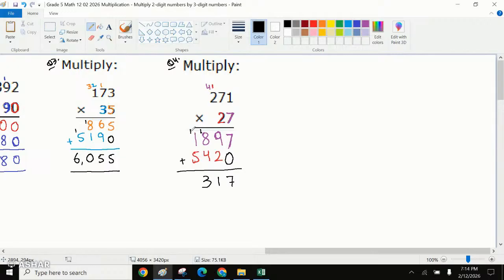Carry a 1. 1 plus 1, 2. 2 plus 5 is 7. And we put a comma before 3 digits. So 271 multiplied by 27 is 7,000.